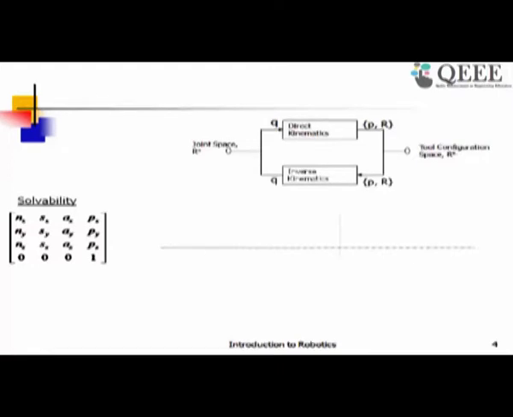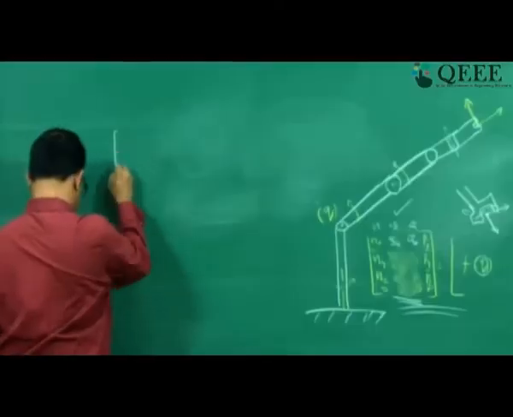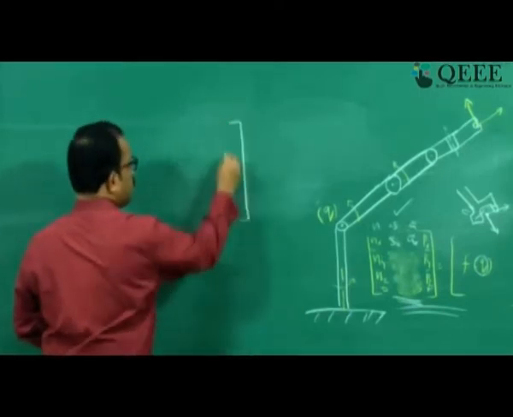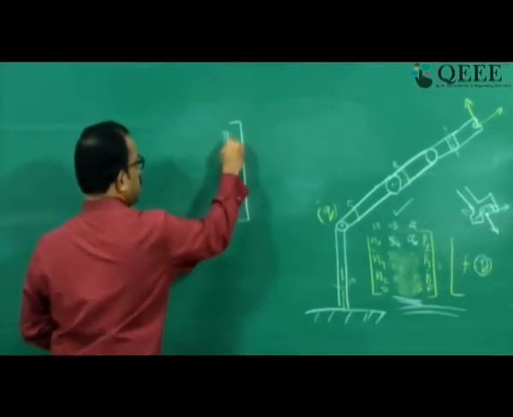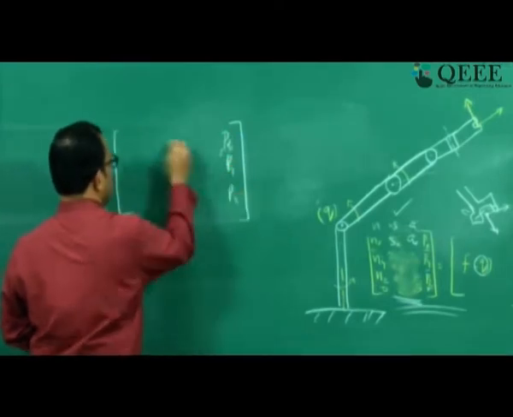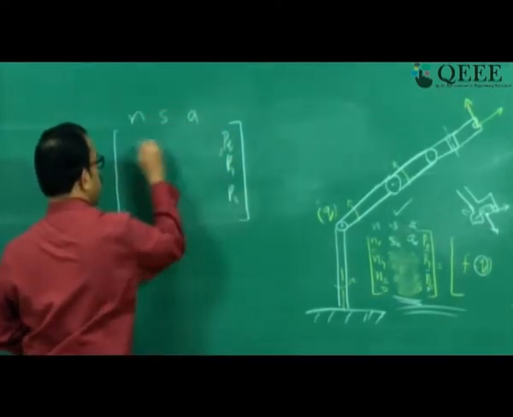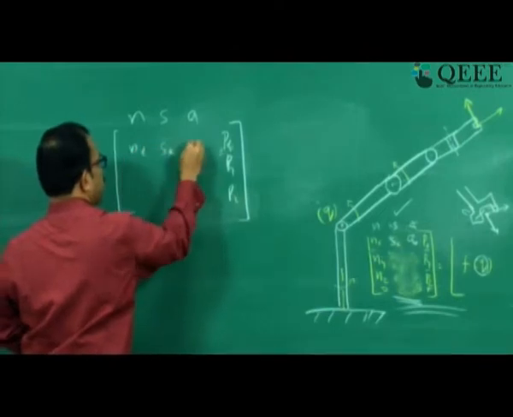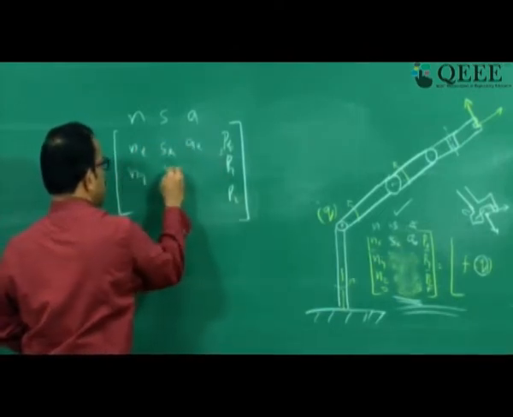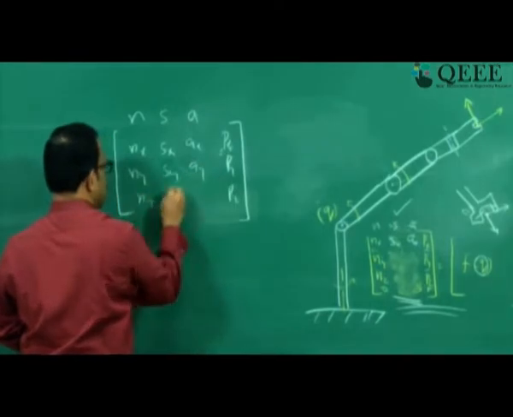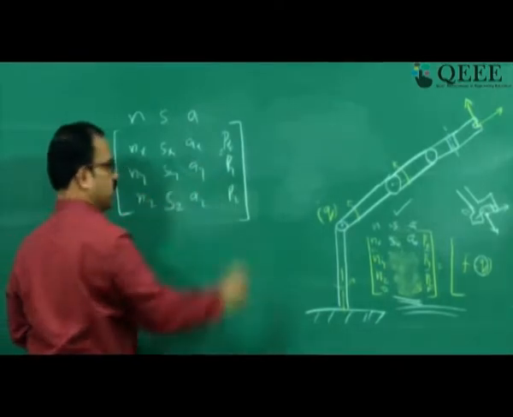Now, how do we solve this one? If you look at this relationship, you can see that the tool matrix or the arm matrix or the position of the tool tip is given in terms of the matrix P or Px, Py, Pz, and here the normal, sliding and approach vectors, basically nx, sx, ax, ny, sy, ay, nz, sz, az.